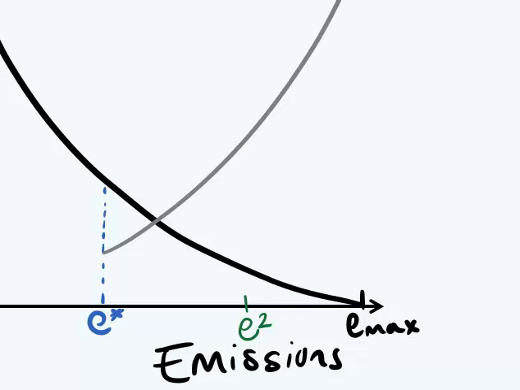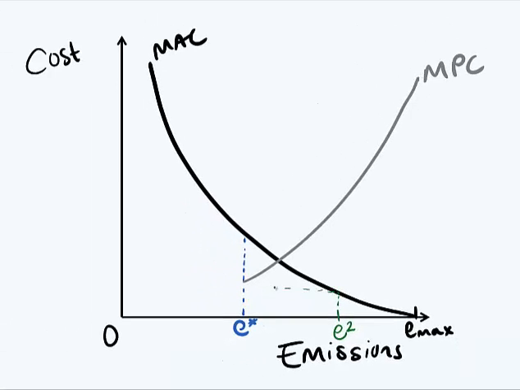Then my marginal abatement cost is very low. Let's make it C1. But again, my penalty for not being at E star is still very high. So C2. So there's still an incentive for me to further reduce my emissions.